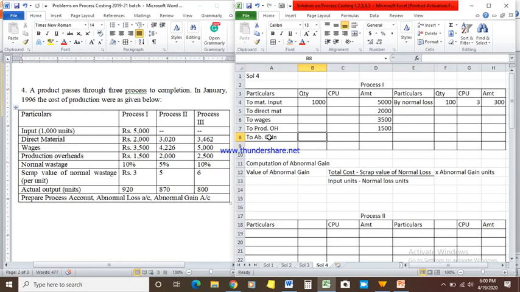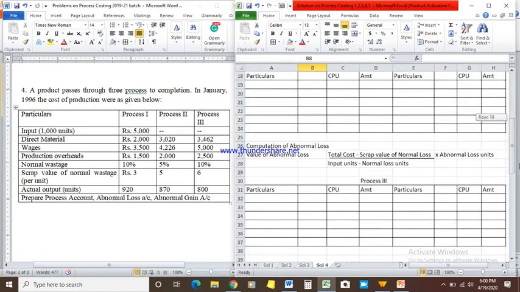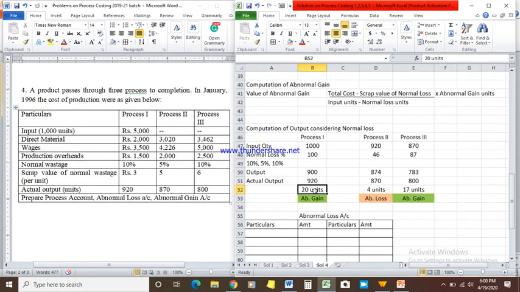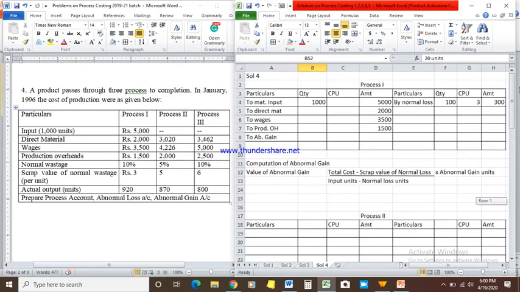So what is the value of this abnormal gain? In order to compute it, how much is our abnormal gain quantity? If we see the working note, 20 units are our abnormal gain. So write here 20 units. What is the value of these abnormal gain units?